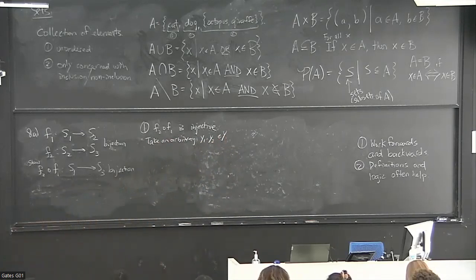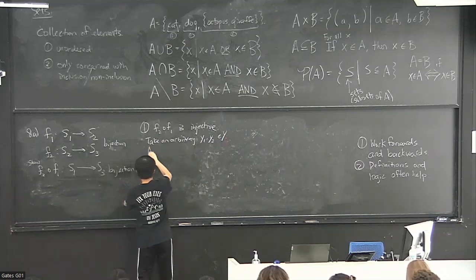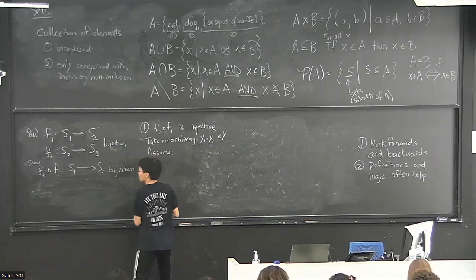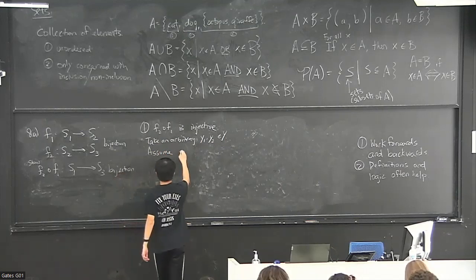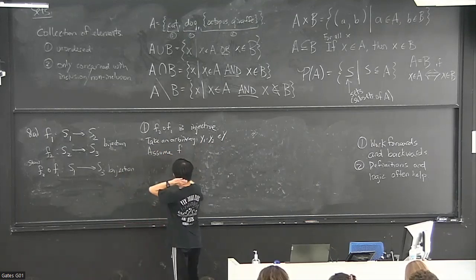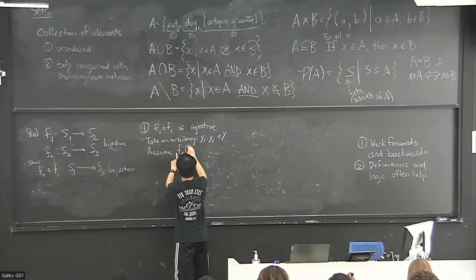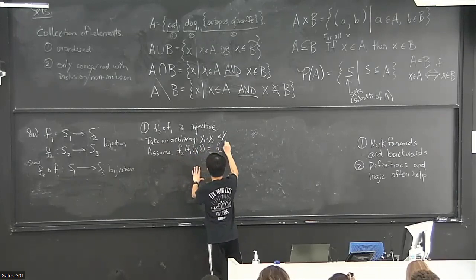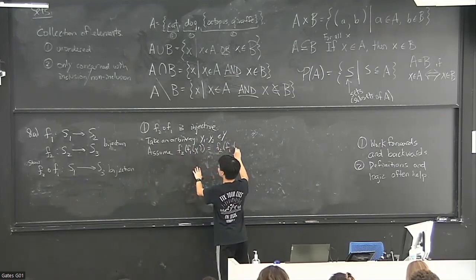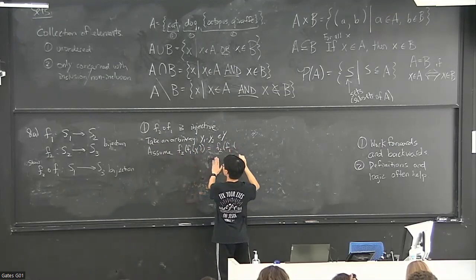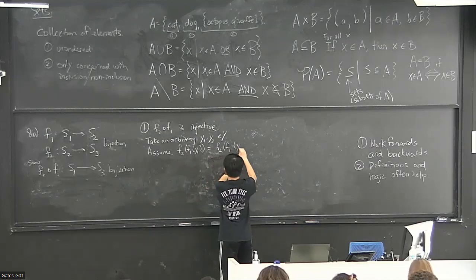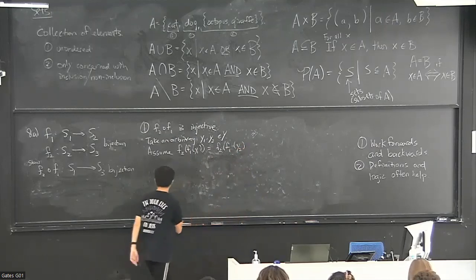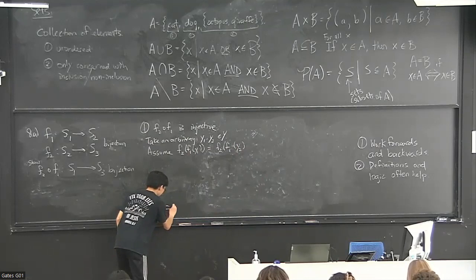And what are we actually proving? An if-then statement. Therefore, we're going to assume f2 f1 of y1 equals f2 f1 of y2, and we want to end up with y1 is equal to y2.